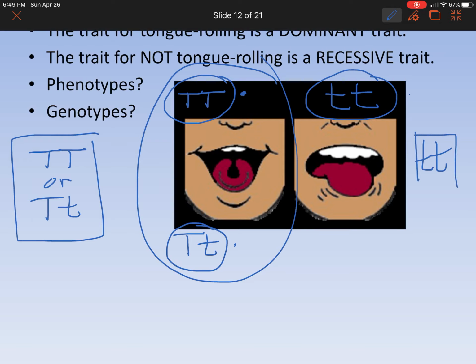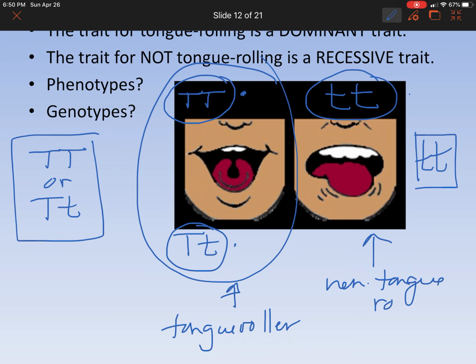For non-tongue rollers it has to be lowercase, lowercase. Now, phenotypes are different. We're only going to have two different phenotypes. And what are the phenotypes? Tongue roller or non-tongue roller. So there's only two different phenotypes, but we've got three different types of genotypes that you can have. And this will make more sense as we go through more examples, okay?